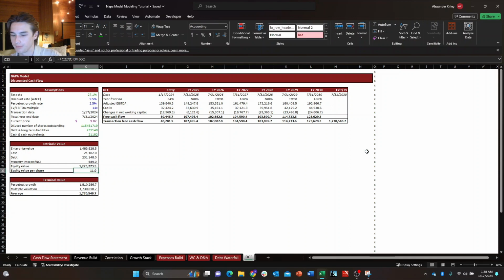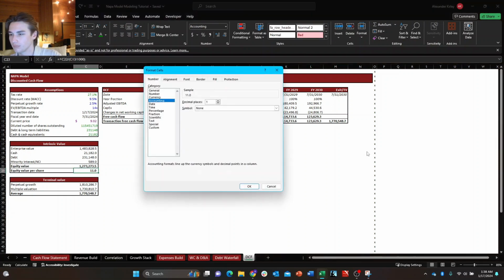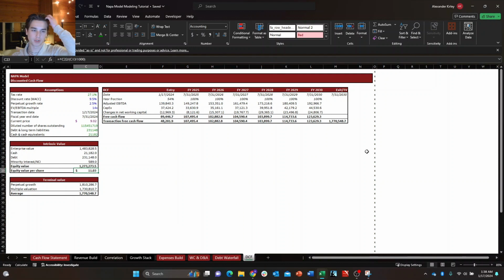Oh, not that. And there's our equity value per share based off of our current valuation. This is what we've been looking for. This is what we do this for, to get our equity value per share.